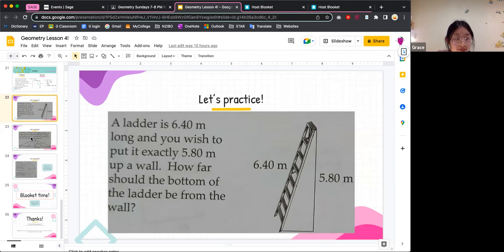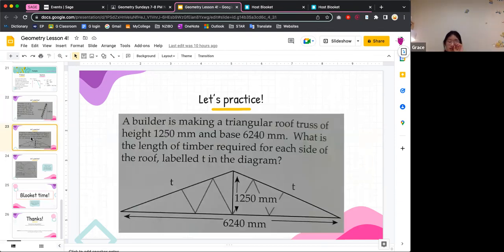Okay, next one. This one doesn't give you the right angle triangle side length straight away. You might need to do some working out of that yourself. So I'm just going to give you guys a clue.